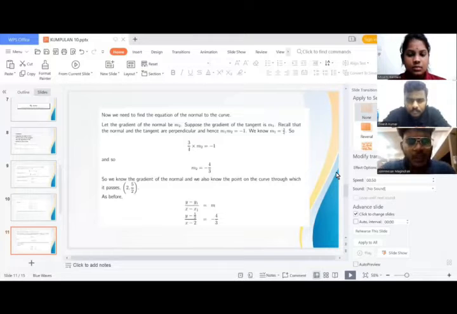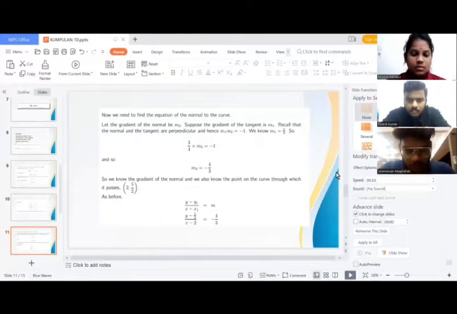So 3/4 times M2 is equal to -1, and M2 is equal to -4/3. We know the gradient of the normal and the point on the curve through which it passes, 2 and 5/2. As before, y minus y1 over x minus x1 is equal to m.